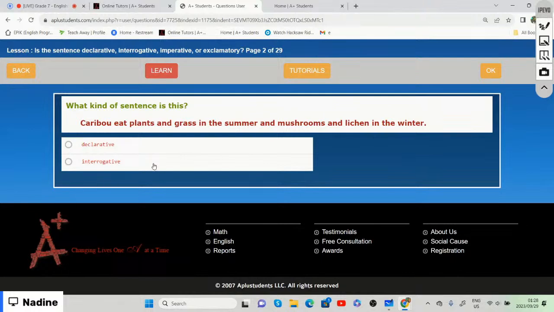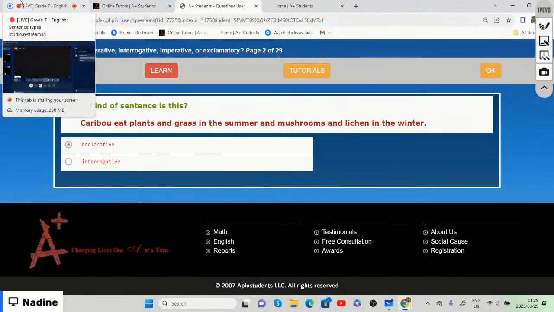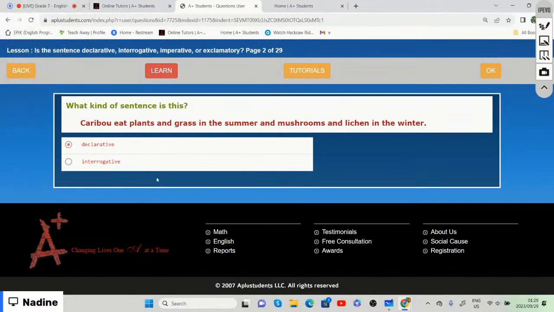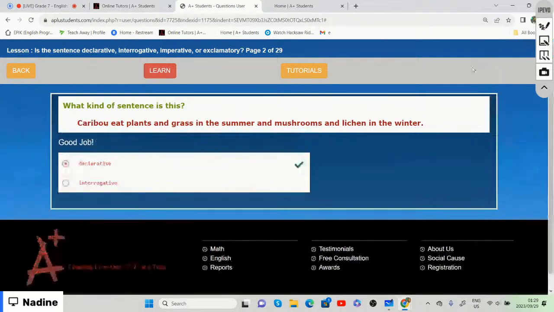So this is a declarative sentence. Basically, somebody is just telling something, which means it is a declarative sentence, and it ends with a period.